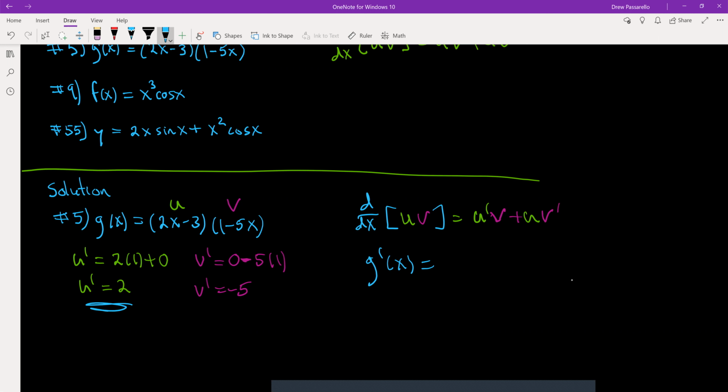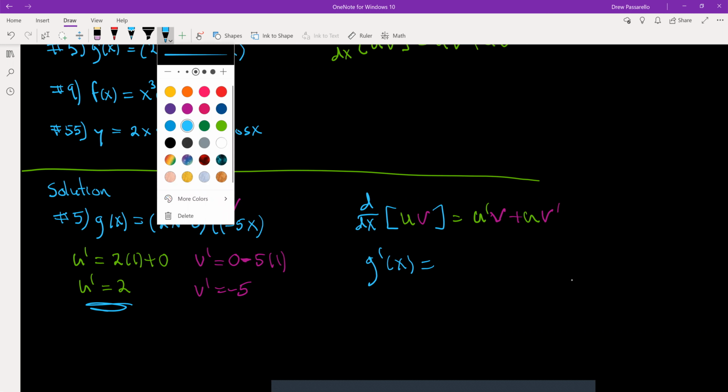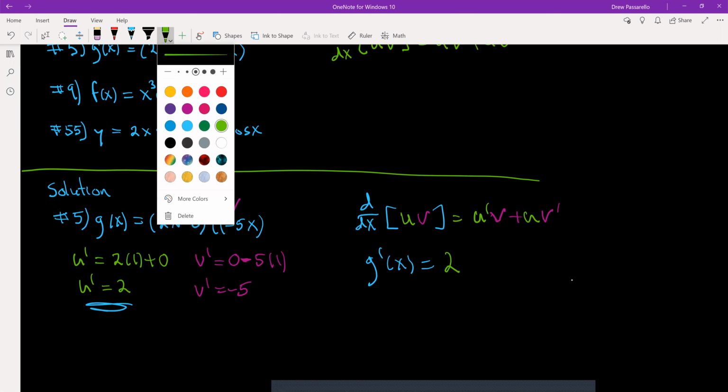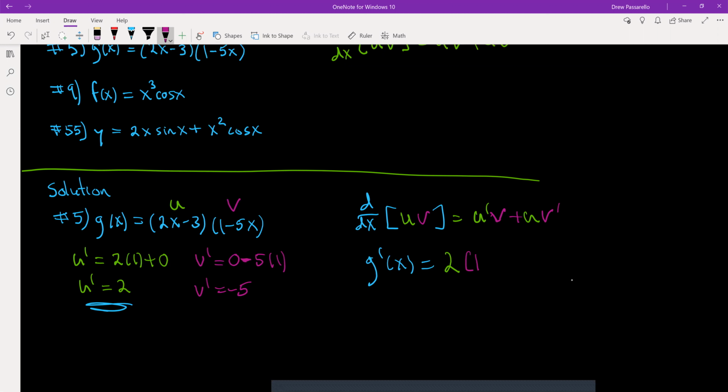Well, u prime is 2, so it'll be 2 times v. Well, v is, I was letting that be 1 minus 5x. And then plus u times v prime. Well, u itself is the 2x minus 3. And then v prime is negative 5.